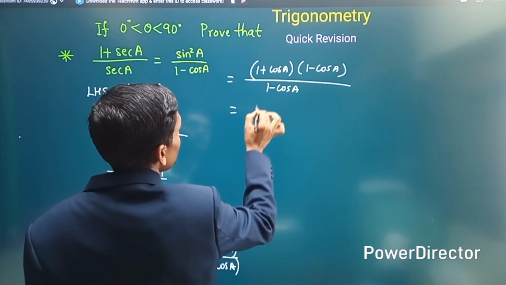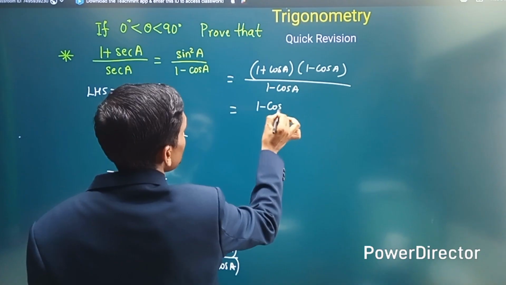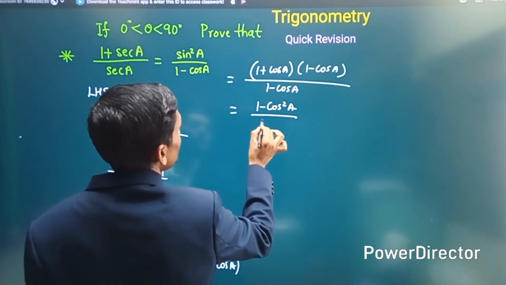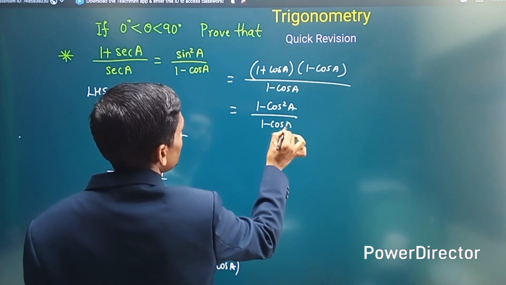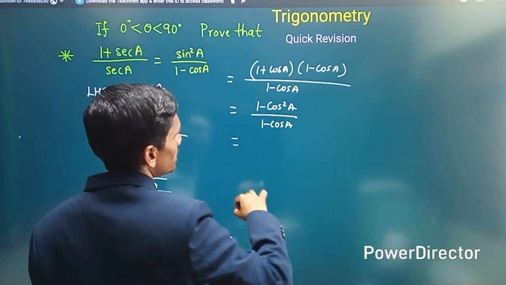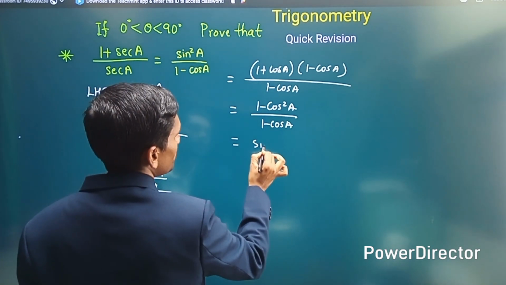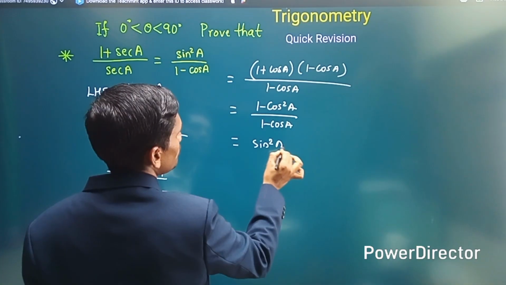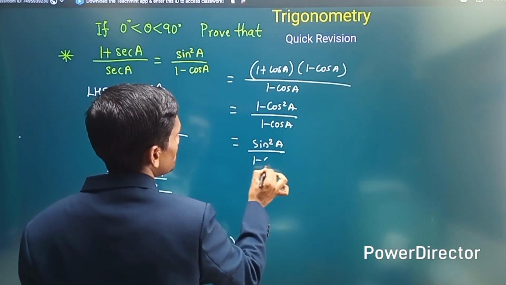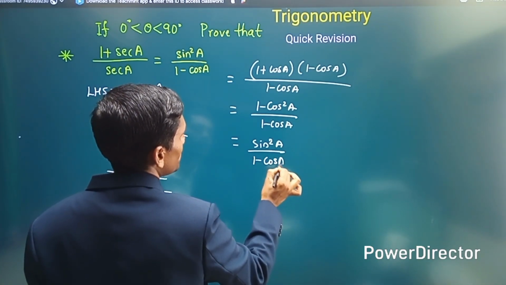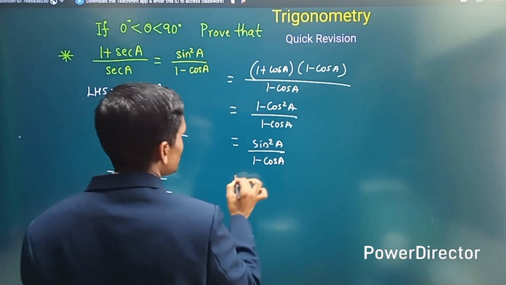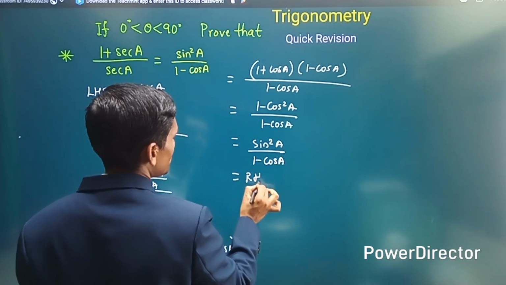This if you take, this becomes 1 minus cos square a divided by 1 minus cos a. In shortcut we can write, but as much as possible, in order to make it clear, one step extra I am showing, so that you should not have any doubt. Okay, cos a, yes, this will be equal to RHS, hence proved.